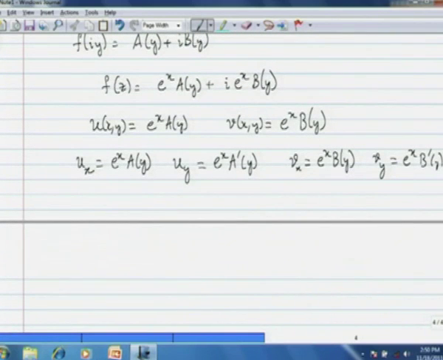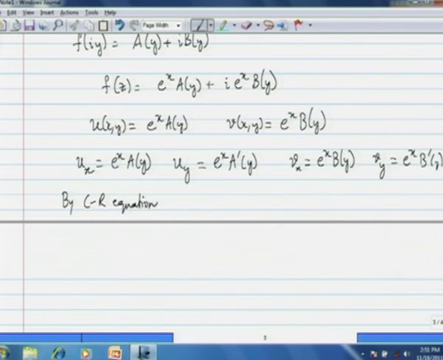By the CR equations, we should have a of y equal to b prime of y, because u x should equal v y.